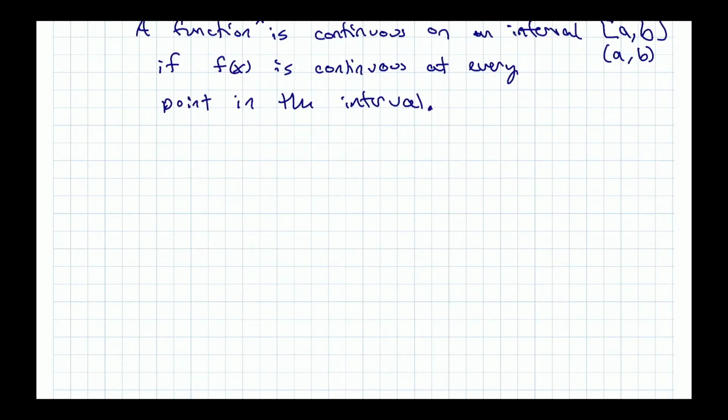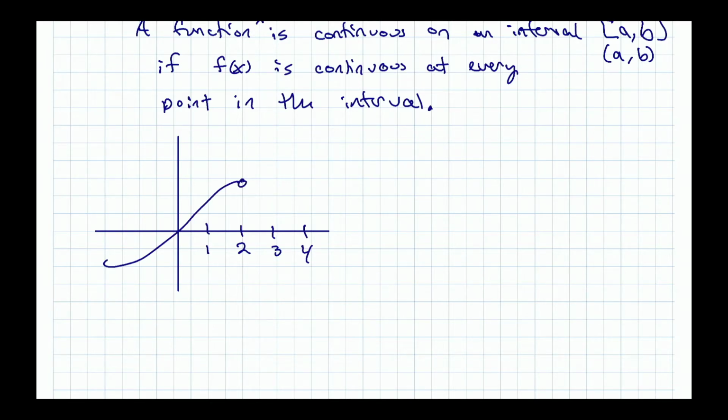If we look at a function like this, I'm going to draw a simple function here. Let's say that's 1, that's 2, that's 3, and that's 4. I take a function that goes like this, and say this is y equals f of x.